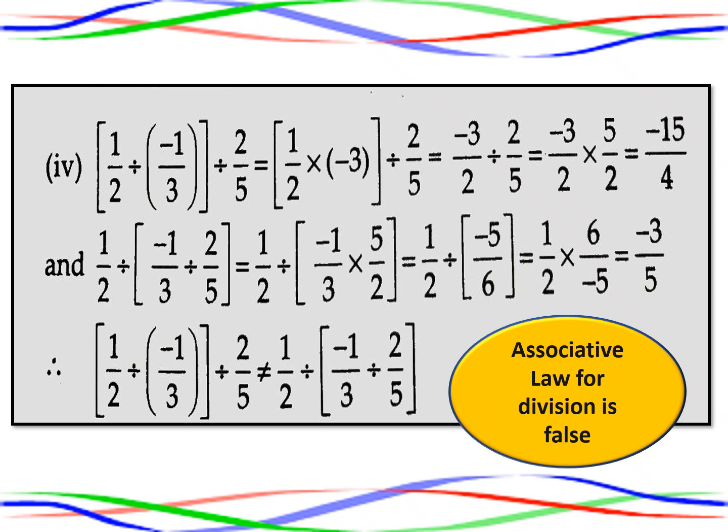Both the processes are done as per the condition, and then we get different answers. One is minus 15 by 4 we get, another is minus 3 by 5 we get, and they are not the same.